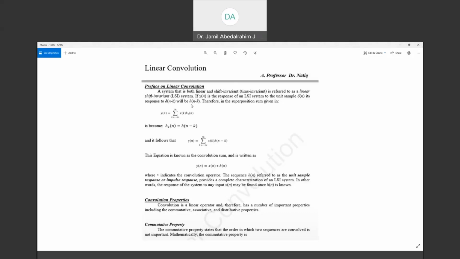Why linear convolution? Because there are two types of convolution, linear and circular convolution. But generally, 95% of the convolution used is linear convolution, not circular convolution, because circular convolution is an old way. So for linear convolution here, a system that is both linear and shift invariant, time invariant, is referred to as a linear shift invariant, LSI system.